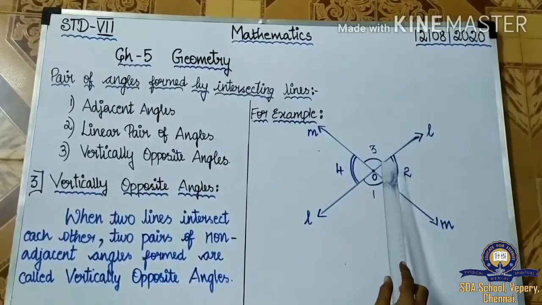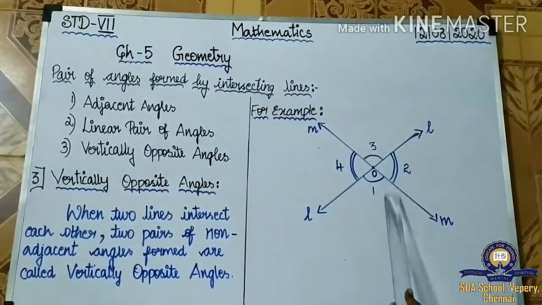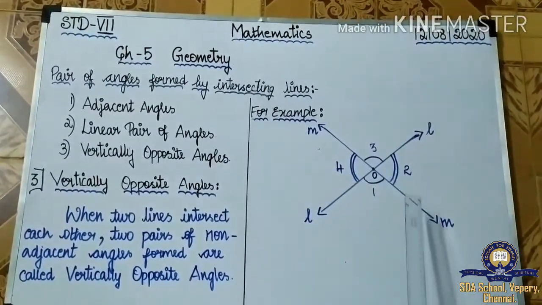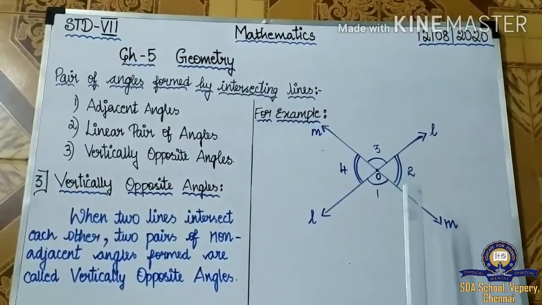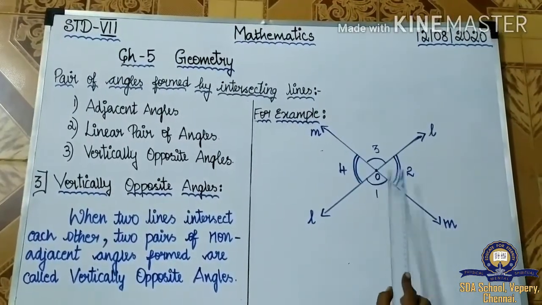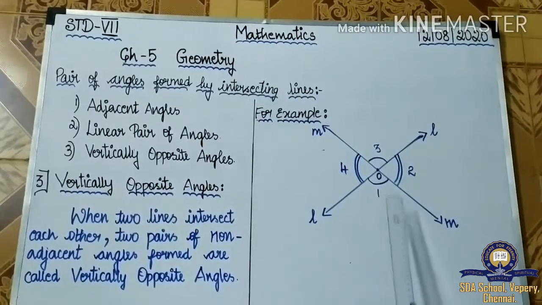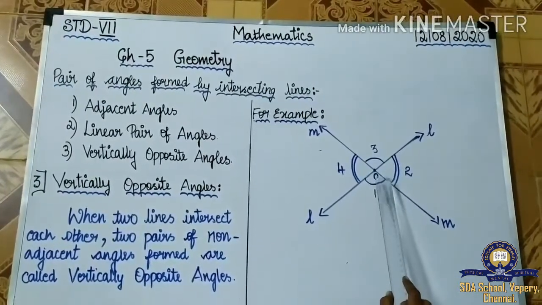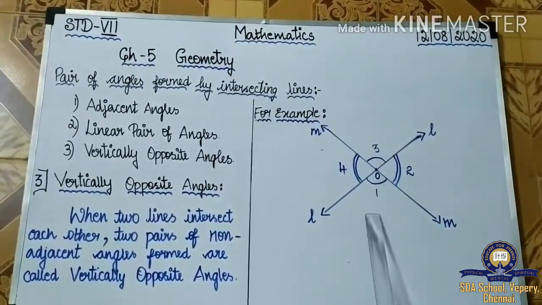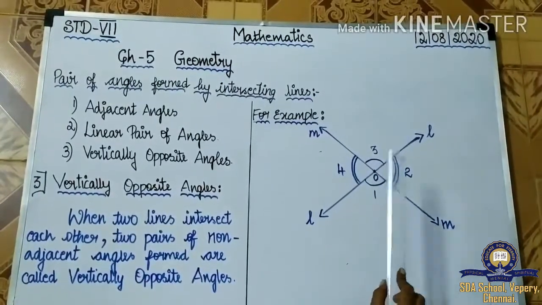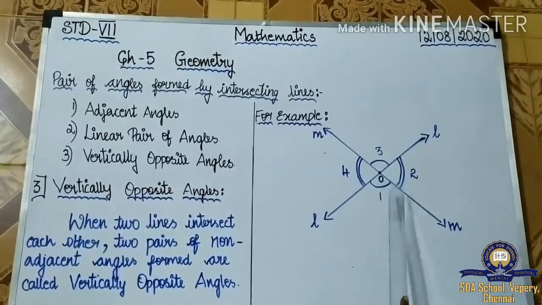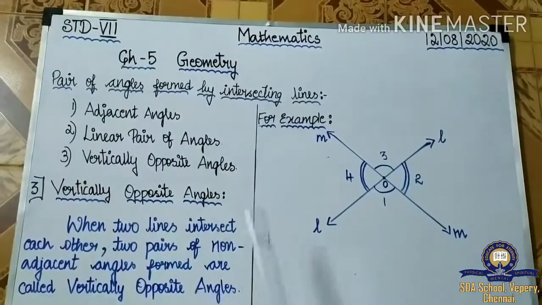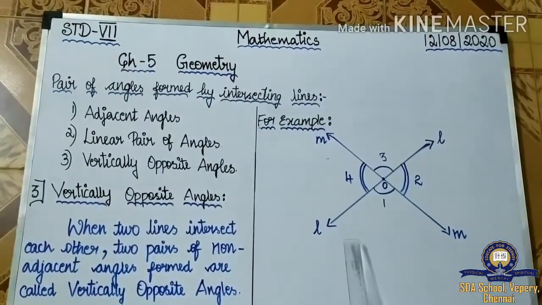See, the non-adjacent angles are just opposite to each other. The point of intersection is O. O is a common vertex, right? Such angles which are opposite to each other with reference to the vertex O are called vertically opposite angles. Are you clear, students?